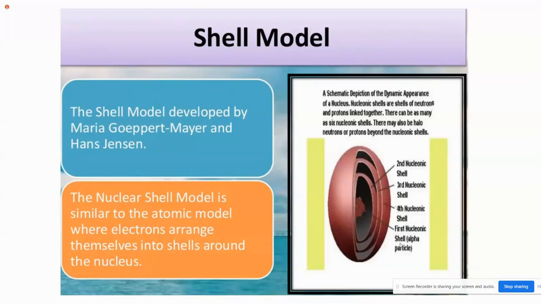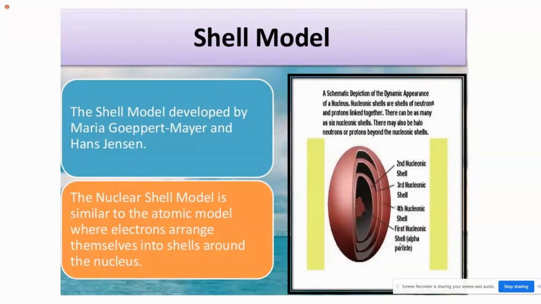So these nucleonic shells are shells of neutrons and protons linked together. There can be as many as 6 nucleonic shells. There may also be hollow neutrons or protons beyond the nucleonic shells.